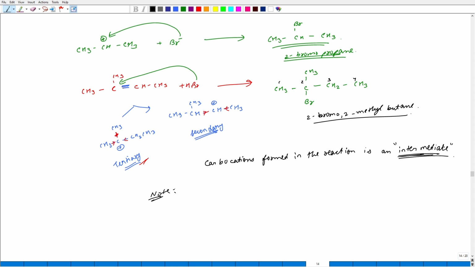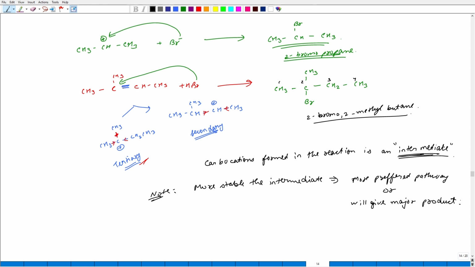One thing you should know is that the more stable the intermediate, the more stable it is, the more it will lead to the major product formation.